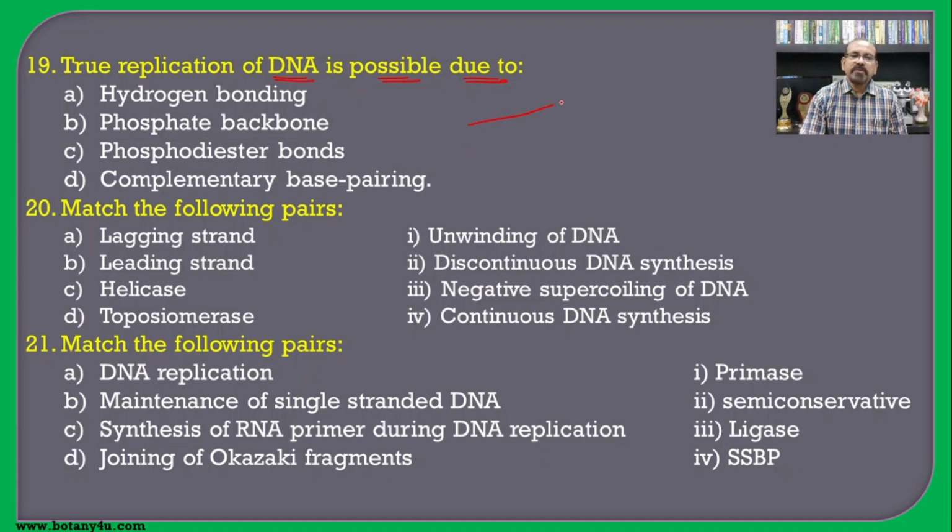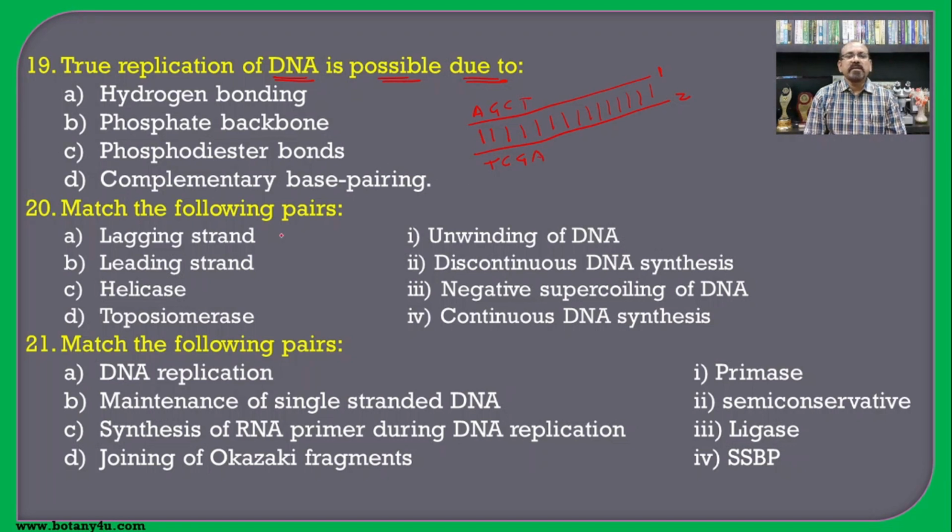If we know the sequence of nitrogen bases on one strand, then we can easily know the sequence on the other strand, as they are joined with each other by complementary base pairing. That is, if there is adenine on one strand, there will be thymine on the other strand; guanine, then cytosine; if here there is cytosine, then guanine; here thymine, then adenine.